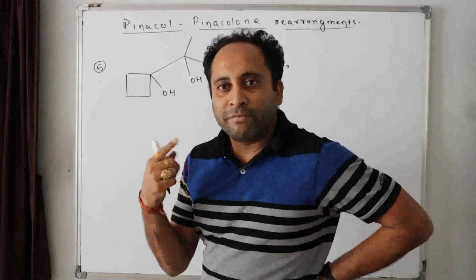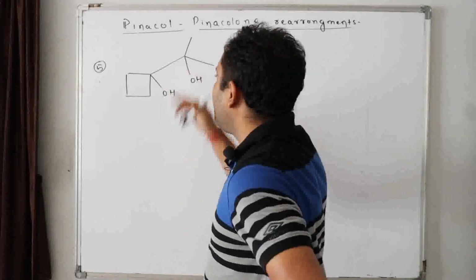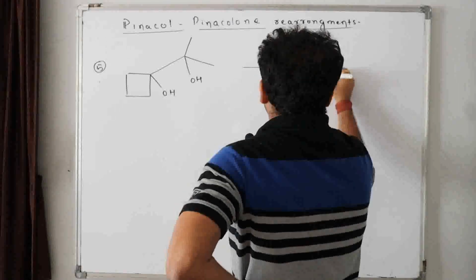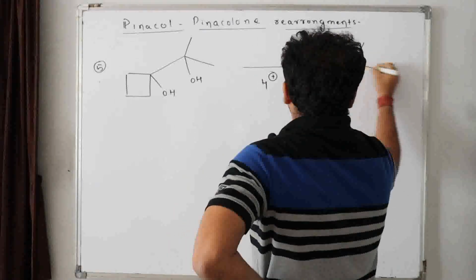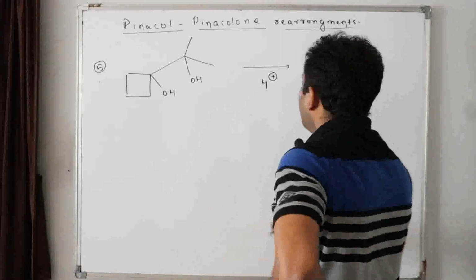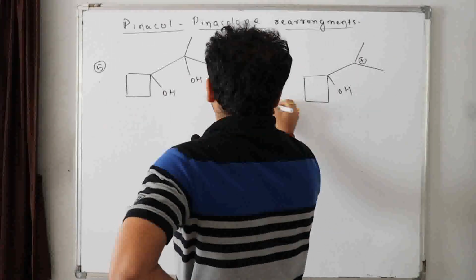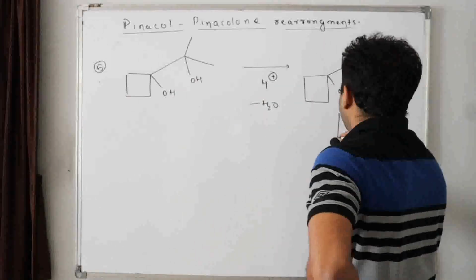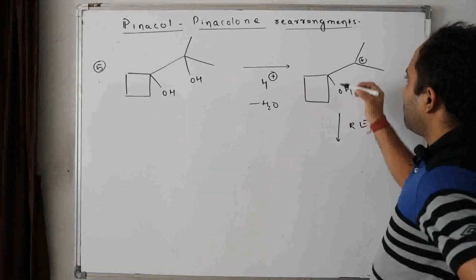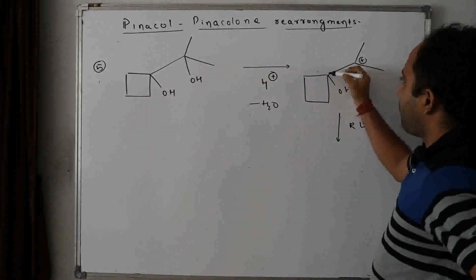But the most stable carbocation will be at this place. So what will happen in this place? There is a plus over here. Now this is OH. Easy? Removal of water molecule. Now, can I go for ring expansion? So what will happen here? Alpha, beta.